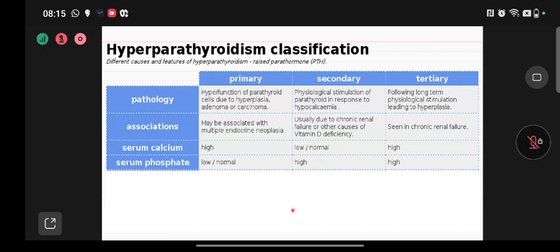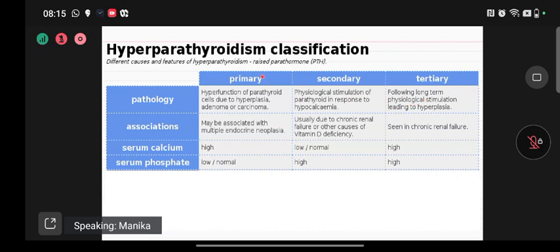Coming to a brief of primary, secondary, and tertiary hyperparathyroidism. In primary hyperparathyroidism, there is a hyperfunctioning of the parathyroid cells itself, either due to hyperplasia, adenoma, or carcinoma. Secondary, in which there is a physiological stimulation of parathyroid in response to hypocalcemia. And in tertiary, again, following long-term physiological stimulation in response to hypocalcemia, which leads to hyperplasia.